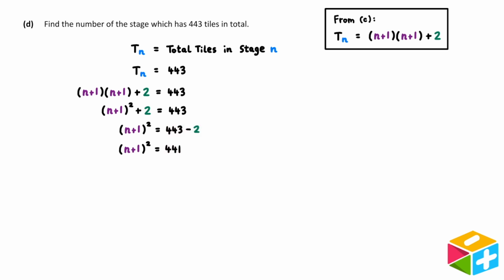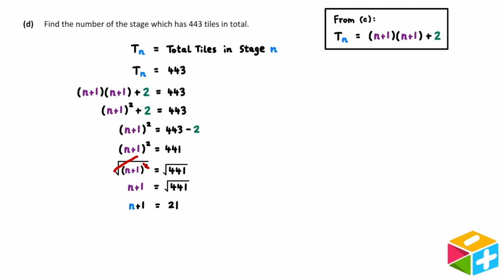We want to isolate n, so we'll need to get rid of the +1 and the square. Let's start by removing the square. The inverse of a square is a square root, so here I will square root both sides of my equation. The square root cancels the square, so we end up with n plus 1 equal to the root of 441.